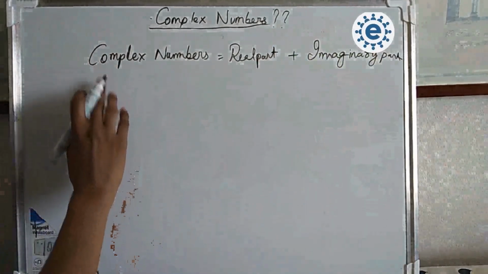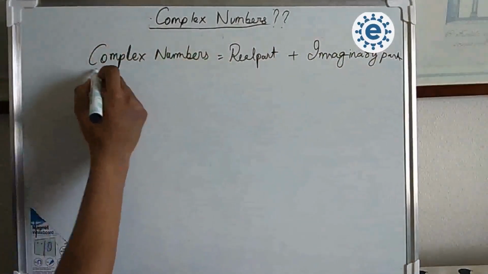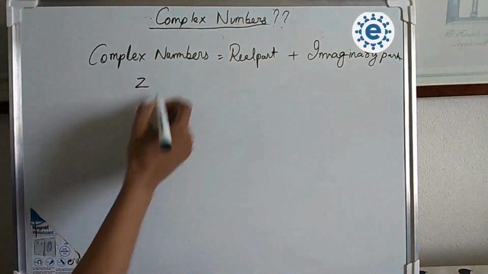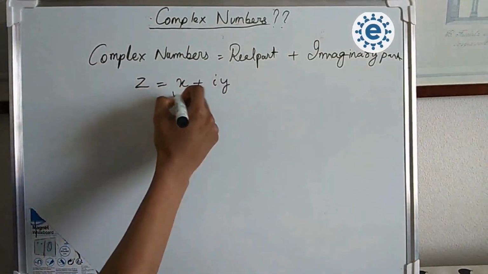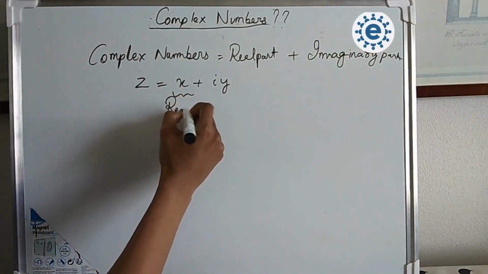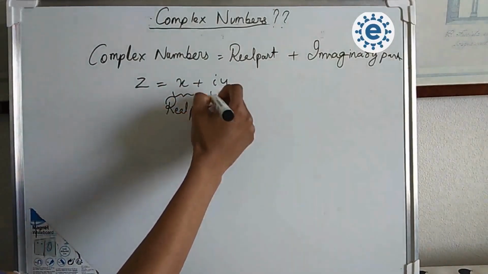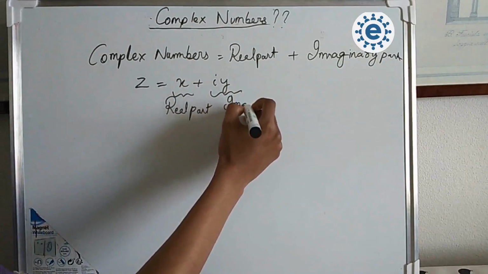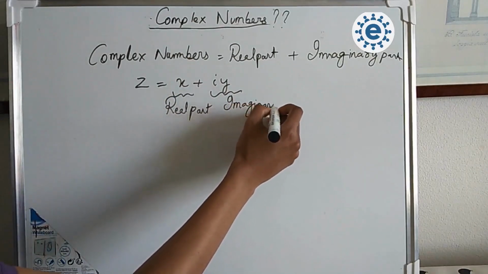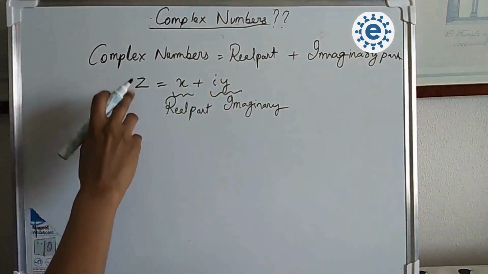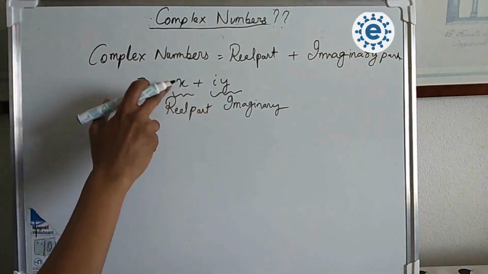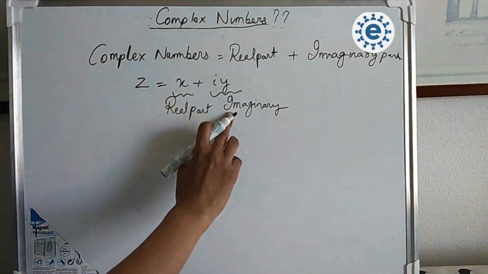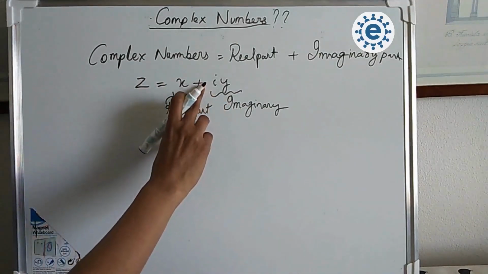So let's first consider a complex number Z, in which X is the real part and IY is the imaginary part. This complex number is a combination of a real part defined by X and an imaginary part defined by IY.